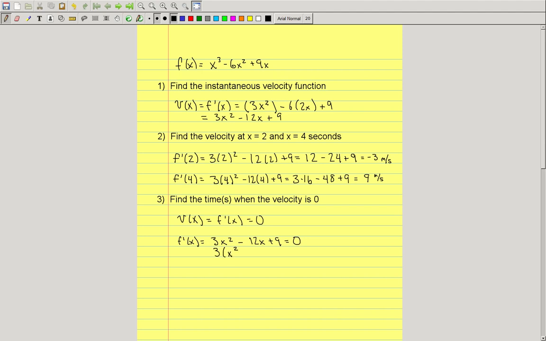So we get 3 times x squared minus 4x plus 3 equals 0. And we see that x minus 1 times x minus 3 is the factored version of this function, which tells us that the velocity function is 0 when x equals 1 and when x equals 3.